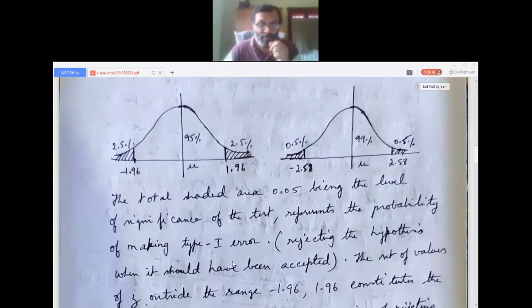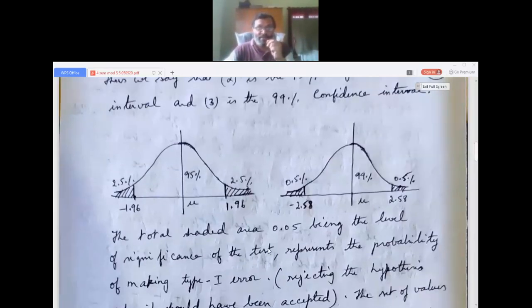Type 1 error means what? Rejecting the hypothesis when it should have been accepted. So remember that type 1 error means rejecting the hypothesis when it should have been accepted.